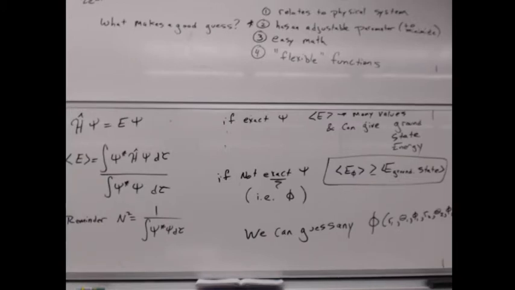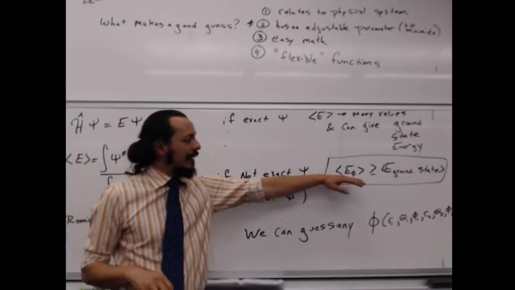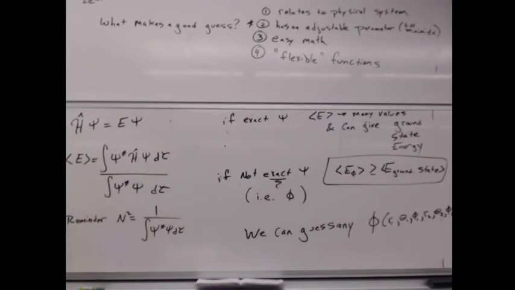But most often, we want to have a large variability in what our function is able to do. We want to be able to have it shaped to what the actual minimum energy is. We don't want it to be already predetermined to be a minimum that's not necessarily going to be very close to the ground state energy. So these are the things that make good guess functions.